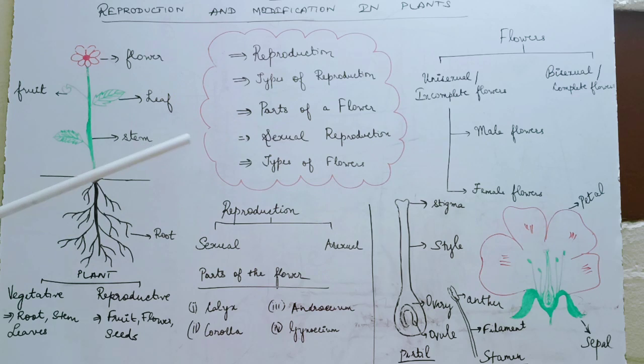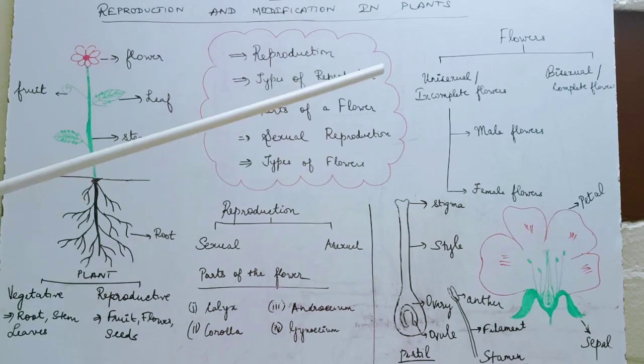Next, types of flowers. Now we shall learn some important terms to understand flowers and their role in reproduction. If all the four parts, that is calyx, corolla, androecium and gynoecium, are present, then it is a complete flower.